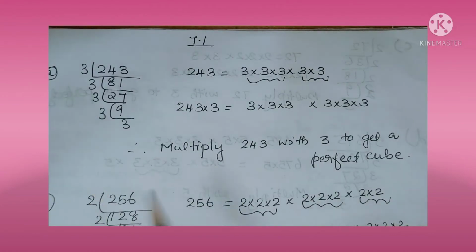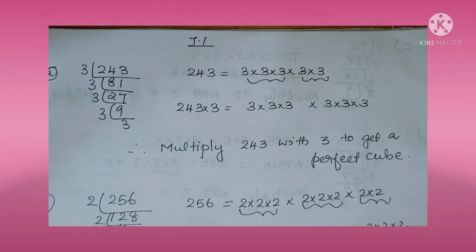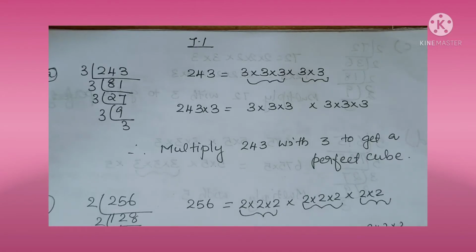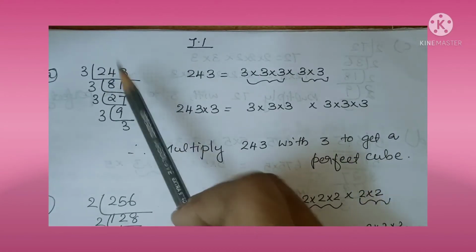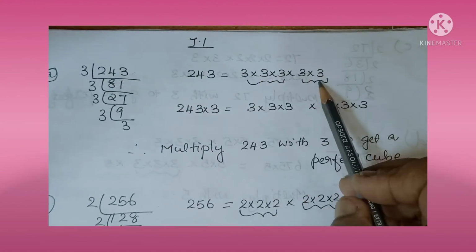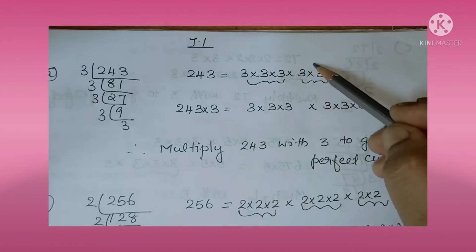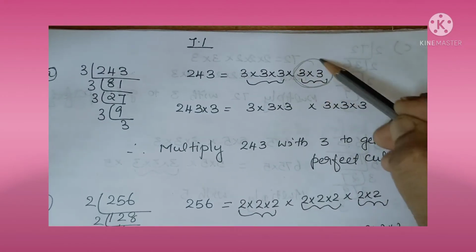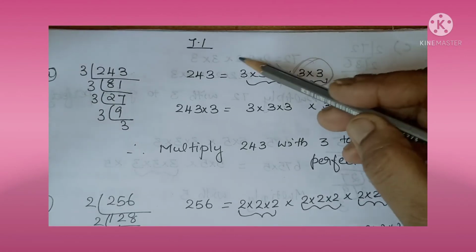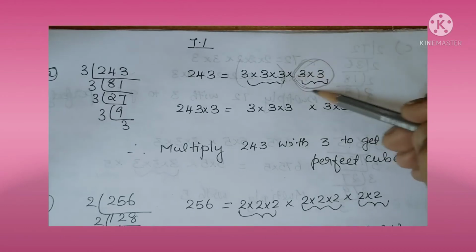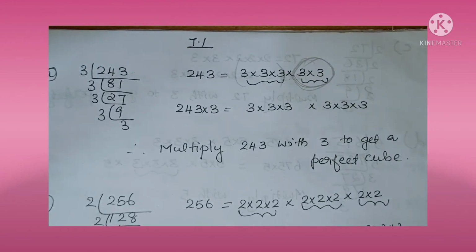The next one: by which number is to be multiplied with the given number to get a perfect cube. From the last we can see that only a set containing 3 numbers counts. That means here after factorizing 243 we get 5 3s, but we cannot take 2 sets from here, since one set contains 3 3s, but in the other set only 2 3s are there.